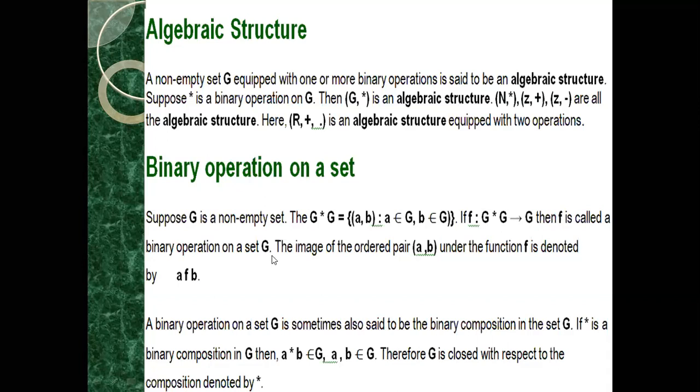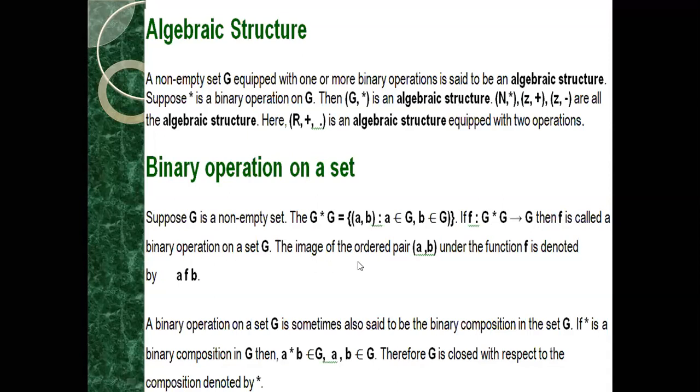So here G is a non-empty set and we define a binary operation on G cross G. G cross G contains elements that look like an ordered pair (a, b), that is the Cartesian product, where a belongs to G and b belongs to G. If F is defined from G cross G to G, then F is called a binary operation on the set G. So G cross G is the domain and G is the codomain.